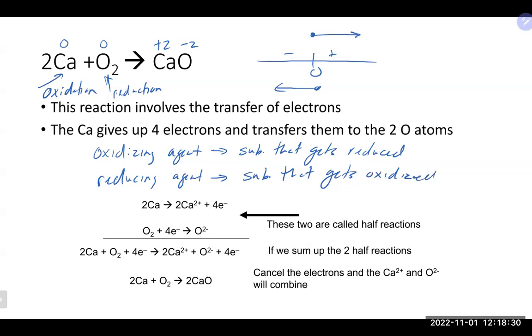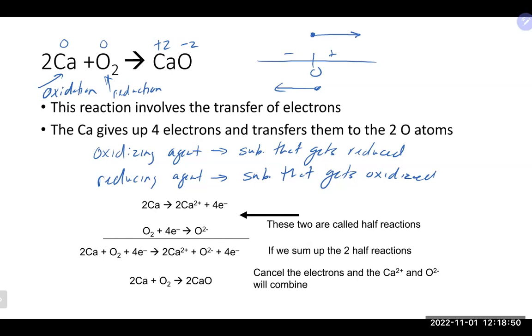They're called agents because that is pretty much what they do to the other substance. So in order for somebody to be reduced, they need to gain electrons. In order for them to gain electrons, they got to cause somebody else to lose electrons, which is why they're known as the oxidizing agent.